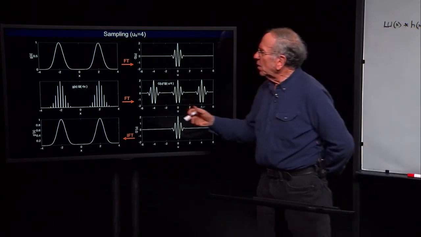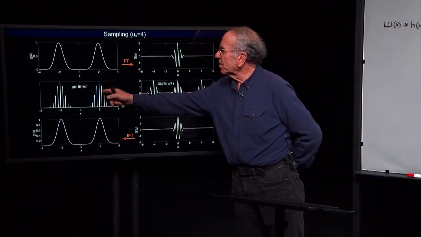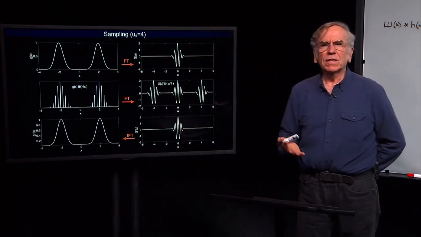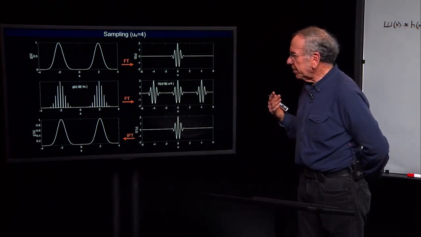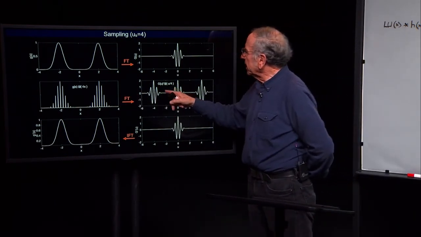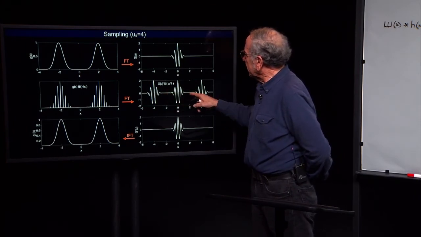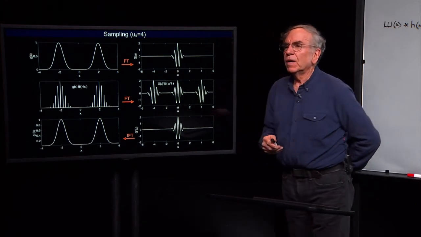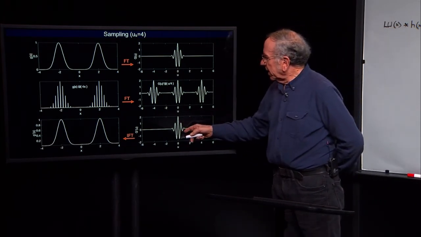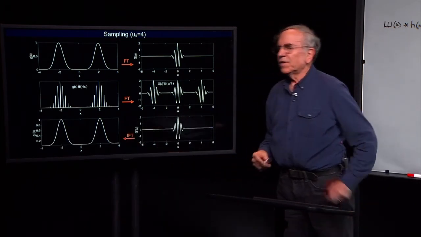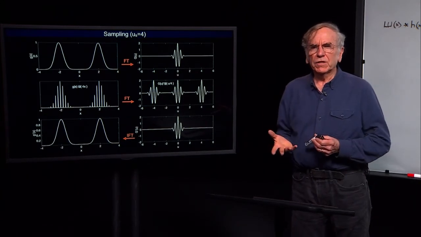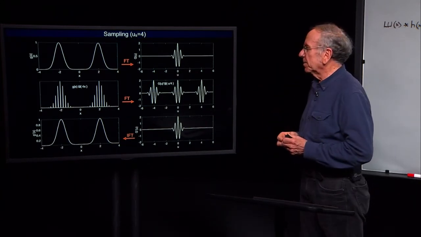And so we don't know anything about the values that the function took in between those delta functions. Nevertheless, by doing this trick, by saying, OK, I'm going to set everything outside of this interval to 0, I can then do an inverse Fourier transform and get a perfectly smooth reconstruction of the original function.